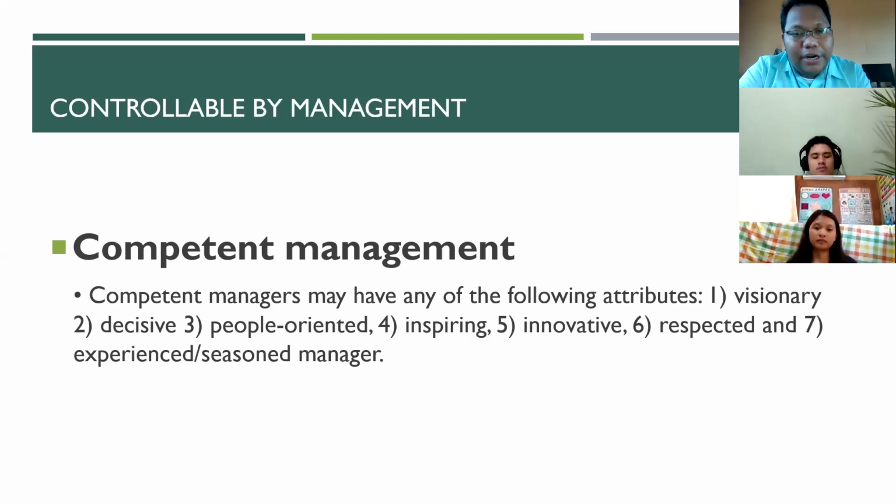A good manager is also people-oriented. A good manager knows how to read the people around him or the people who are part of the market for whom that business has been built. A competent manager is also an inspiring manager.